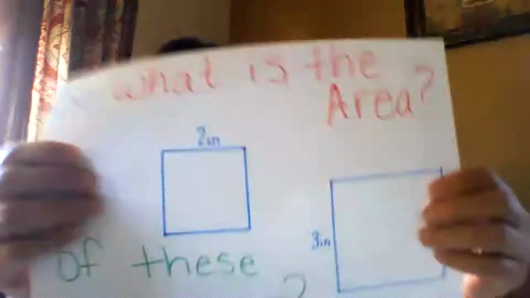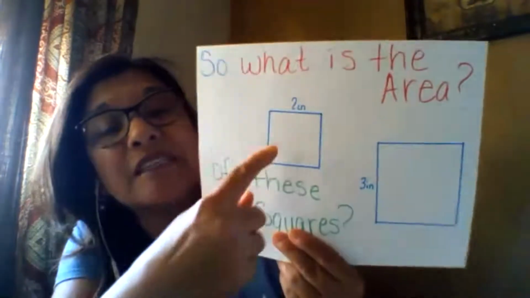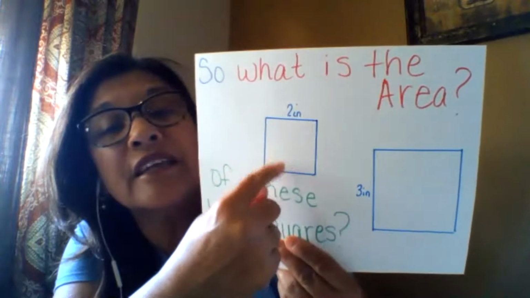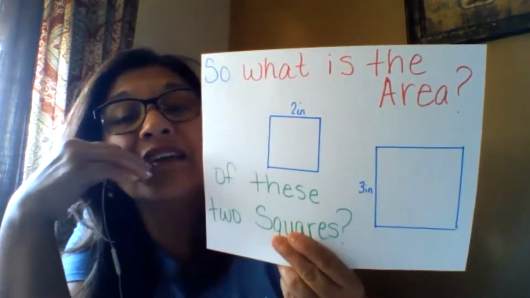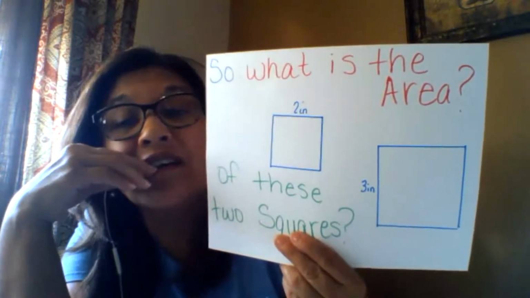Wait a minute, let's look. Am I wrong? If I said length times width, could I say 2 times 2, and that'd be 4, to find my area?